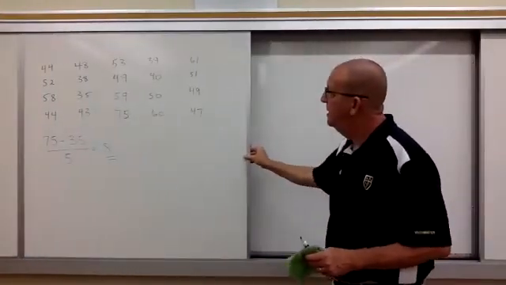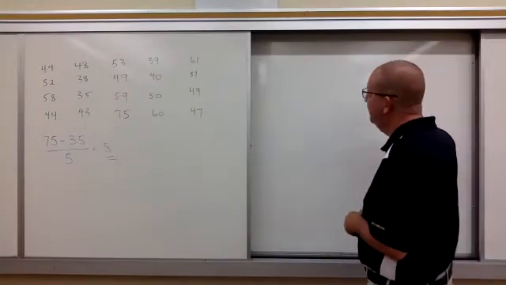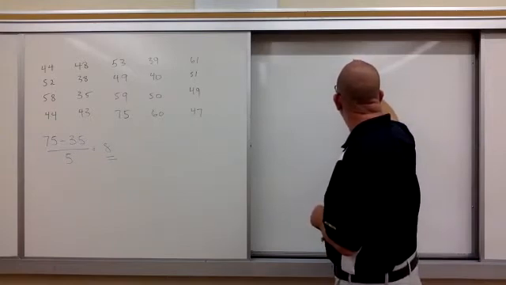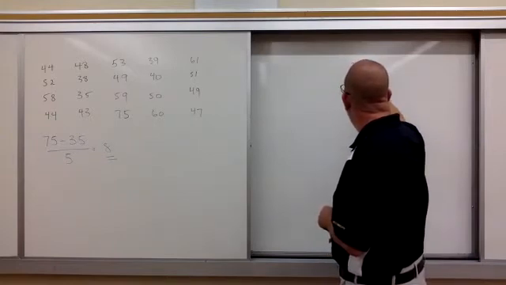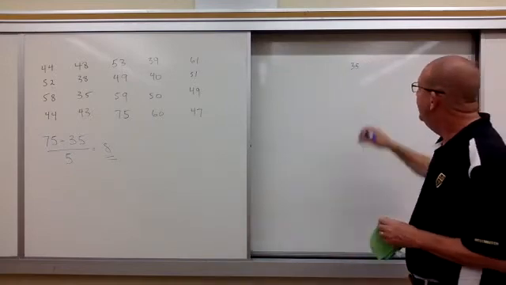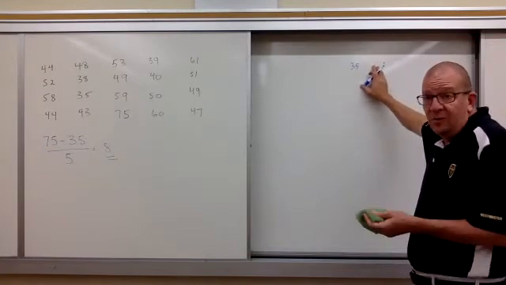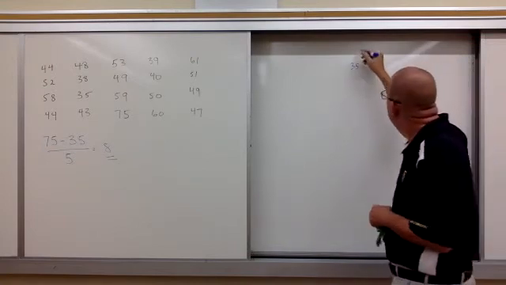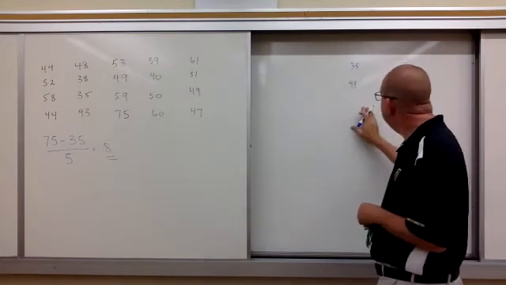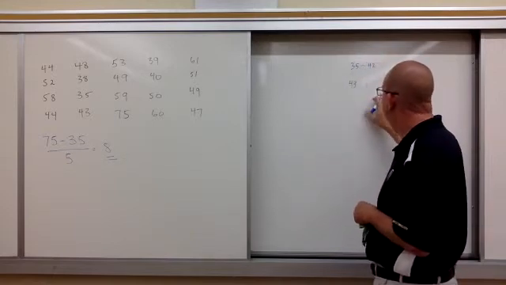So class width is 8. Minimum value is 35, right? So we're going to start with that minimum value, 35. Now this is important. Pay attention. We're not going to say 35 to 43 because then we're not going to have enough values. This becomes the beginning of the next group. So this is 35 to 42.